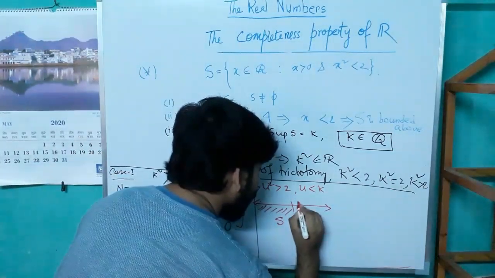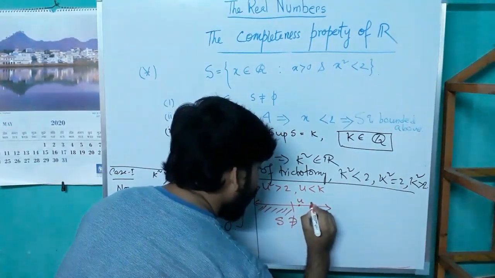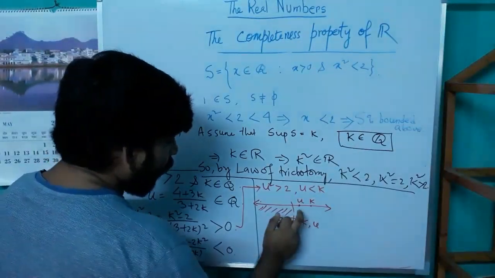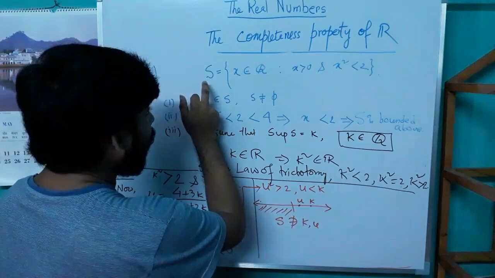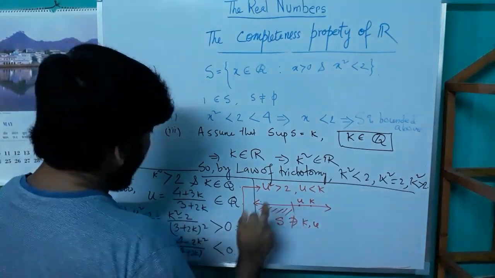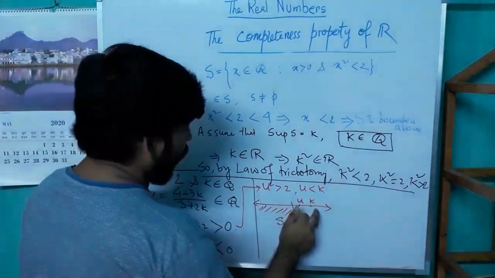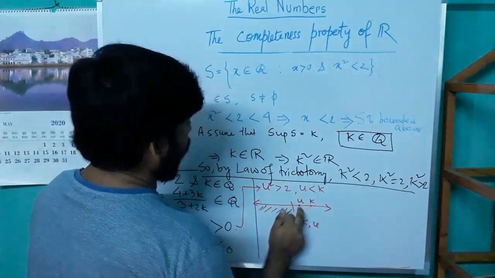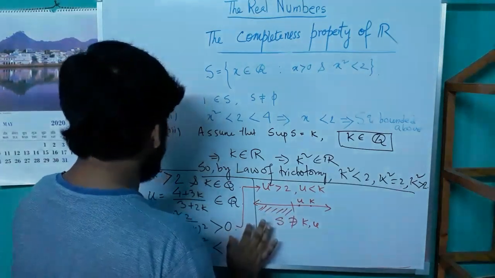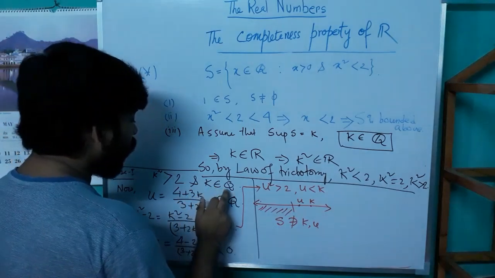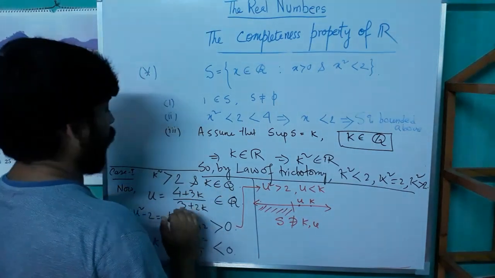So here lies the element u and here the element k. So we observe that the element u is bigger than any element of the set S. So u is an upper bound, and u is strictly less than k. So k cannot be the least upper bound. So this leads to a contradiction. That means k square strictly greater than 2 and k belongs to Q cannot happen.